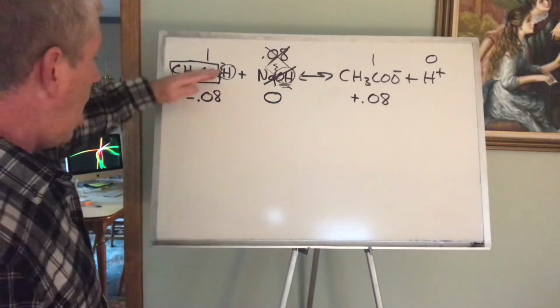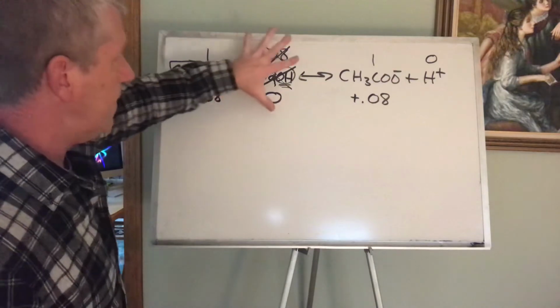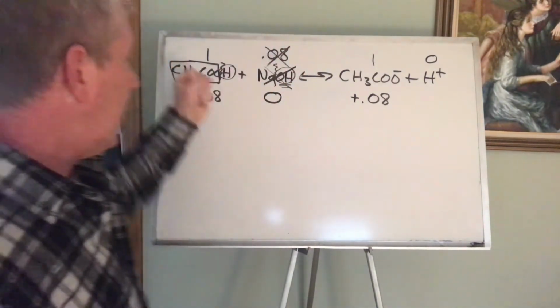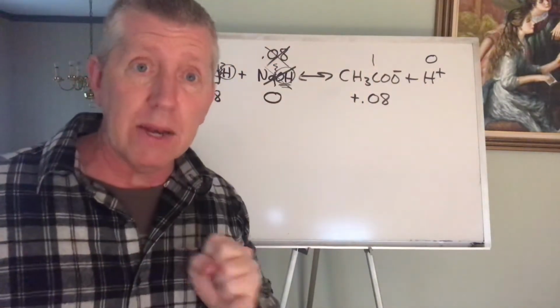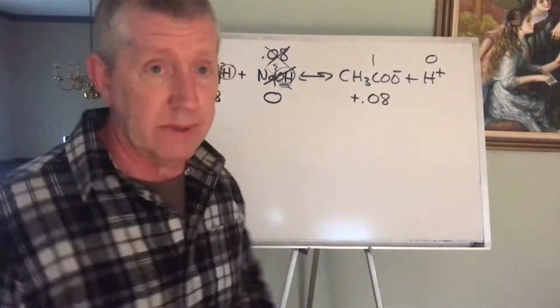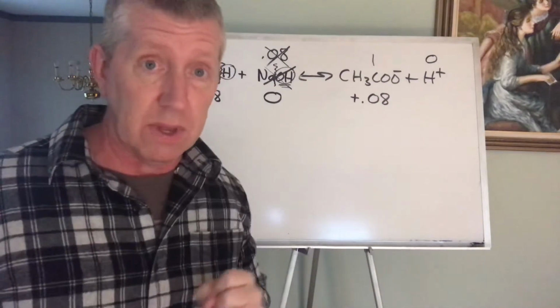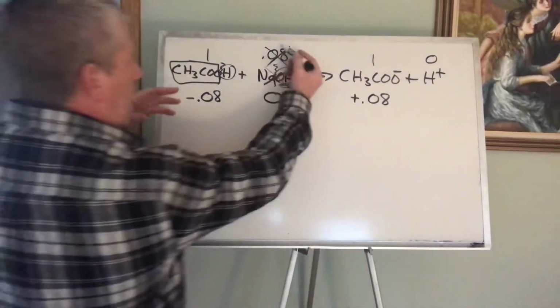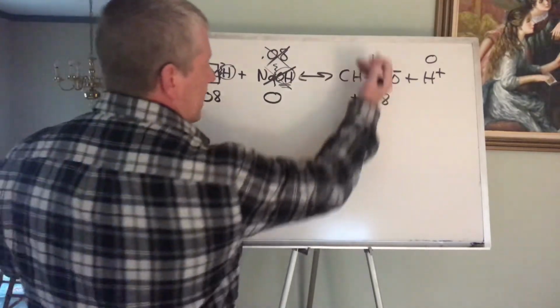We've lost 0.08 of this to neutralize the hydroxide, but that creates an additional 0.08 of the acetate because the hydrogen is now gone and it's now just acetate. So we've neutralized this, lost some of this, gained some of this.